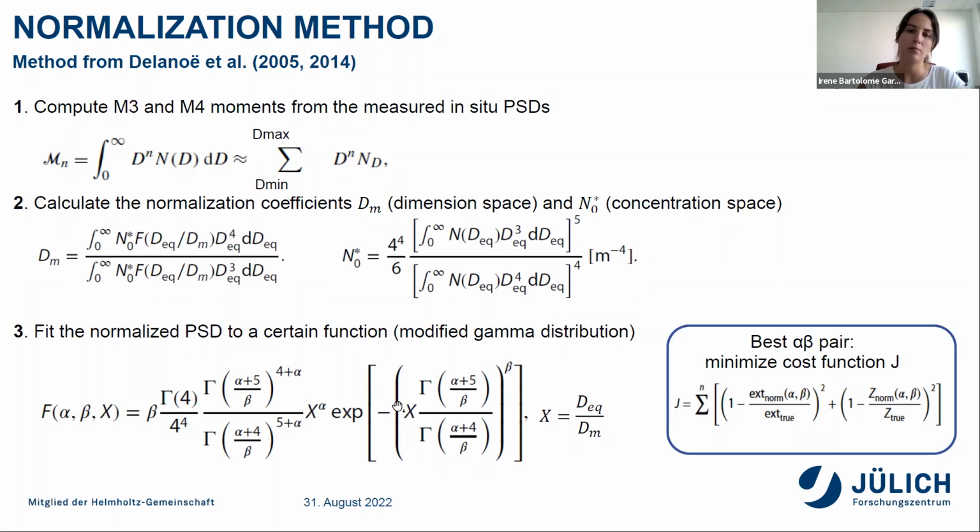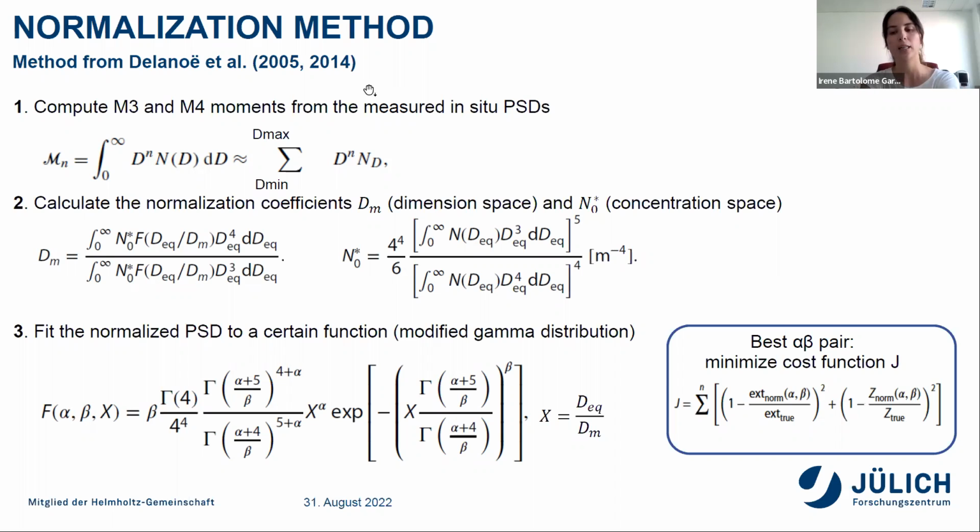So these are specific for each PSD. But then there are the alpha and the beta parameters that would be fixed. In the first study in 2005, they defined the alpha and beta by just checking a few combinations and checking which one was better when retrieving different quantities.